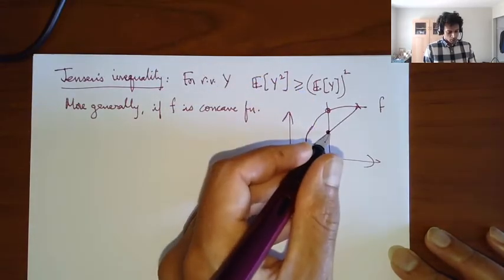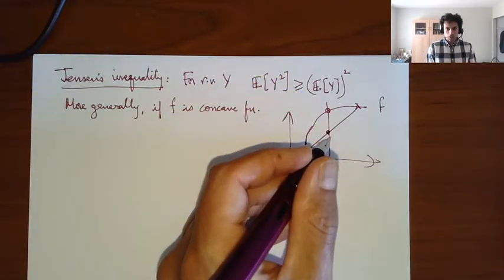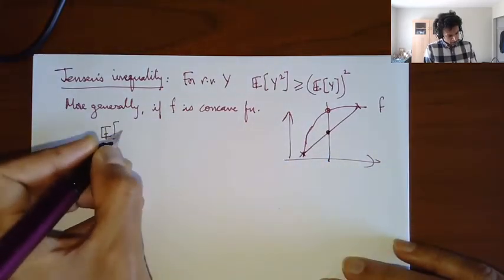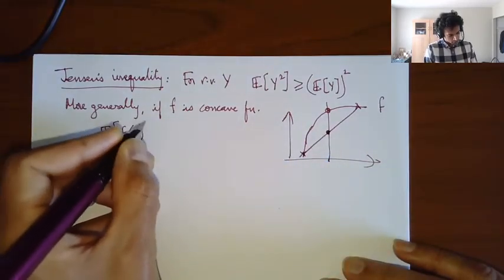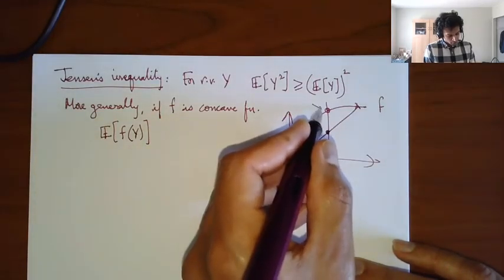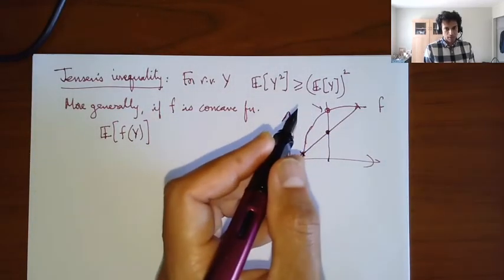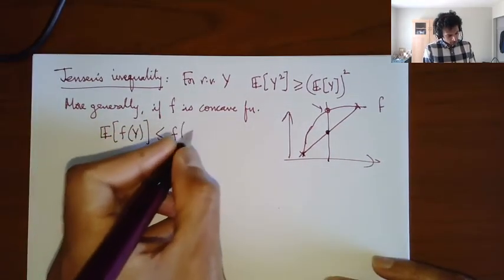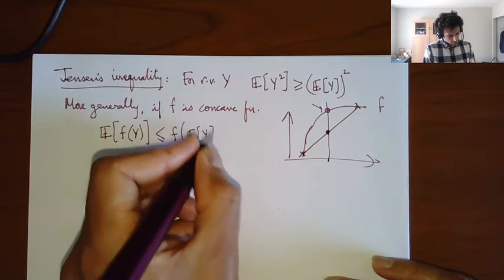This point is the average of f values. So this is like saying it's the expectation of f of y. And this is the value at the average, which is less than f of the expectation of y.